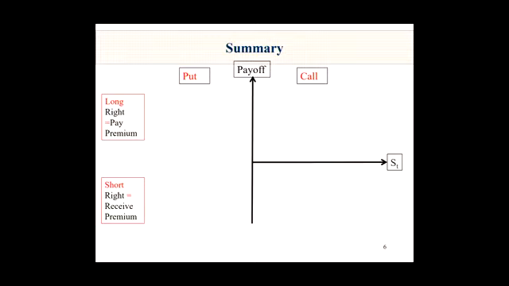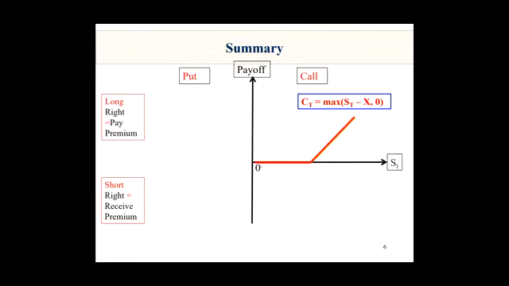If we look at option payoffs, for the person that buys the option, the option holder, the payoff to a call option, remember a call is an option to buy the foreign currency: if the spot price is higher than the exercise price, then the call option is in the money, so you've made a profit.